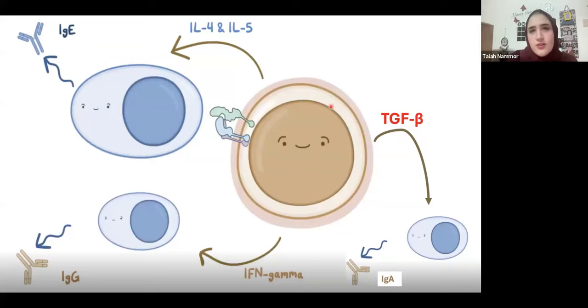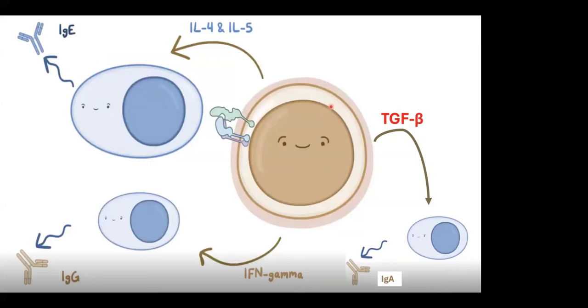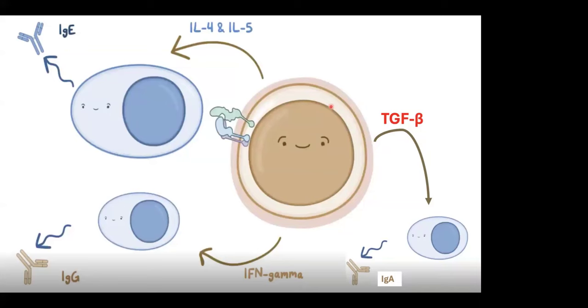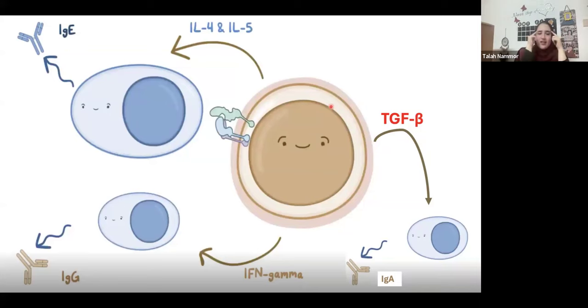Do you know how they usually write it TGIF? That stands for thank God it's Friday. So basically, TGF is like TGIF, and it's food. So food means mucosal. So IgA. Okay, I'm just trying to create stupid things to link together.